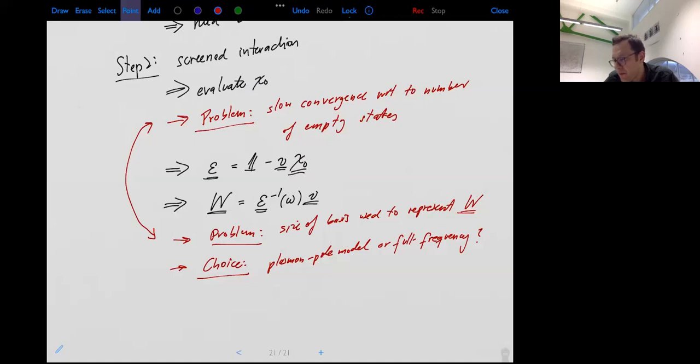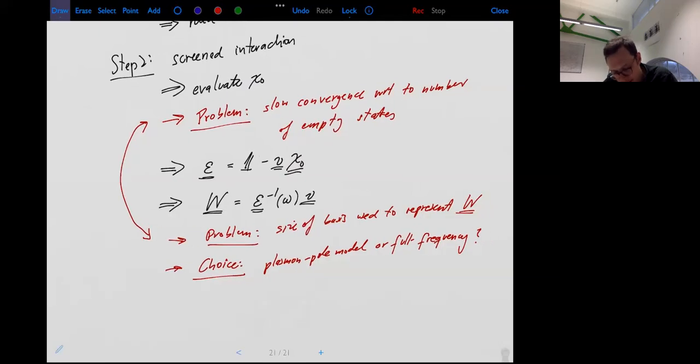Okay, and then there's just one more step. Step 3 is basically you construct the self energy and evaluate the quasi-particle equation, right?